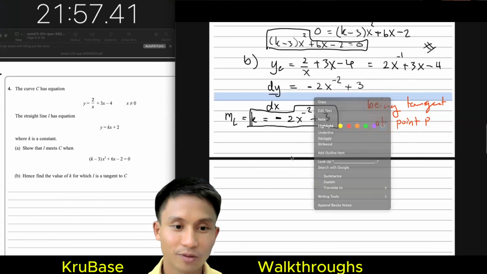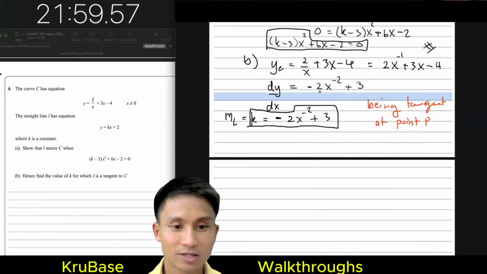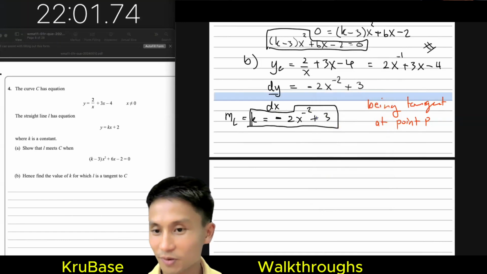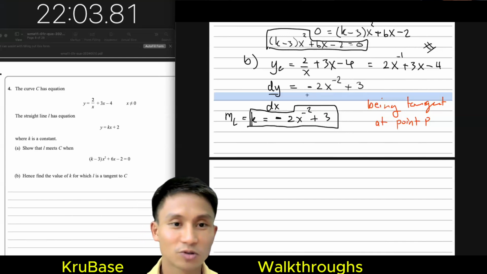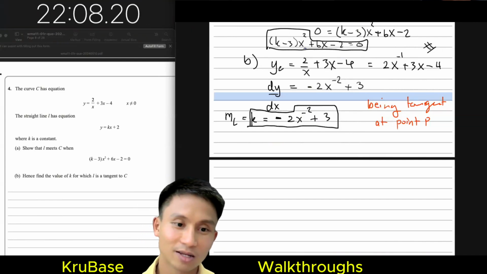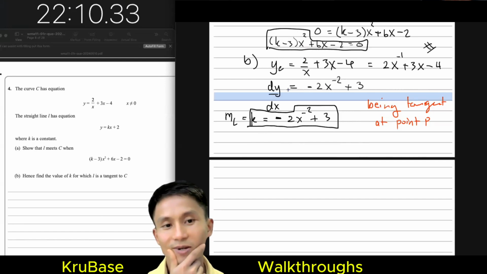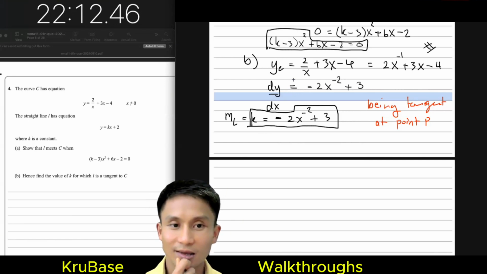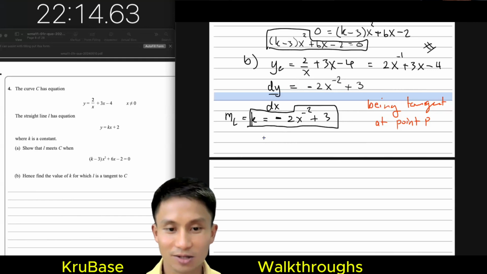Okay, so I'm just going to substitute this whole thing into the x, right? Hang on, do I do that? No, maybe not. Let me think a bit. Okay, I just saw something actually.